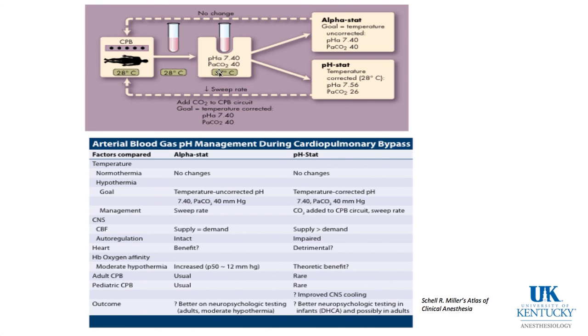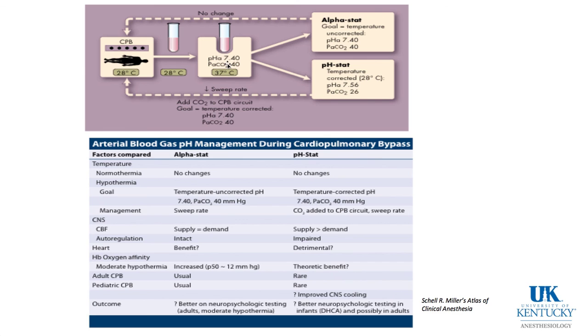And we already know that cold decreases the partial pressure of CO2 and decreases the partial pressure of oxygen. And so in the case of alpha-stat, our goal is to have a temperature uncorrected. That is, I don't care what the patient's temperature is, what comes out of this machine is a pH of 7.4 and a PCO2 of 40 optimally.